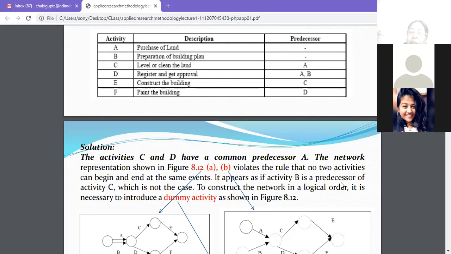That means there is one event. Draw an event. How do you write an event? With a circle. So draw an event and take out 2 arrows from it. One is activity A and one is activity B.